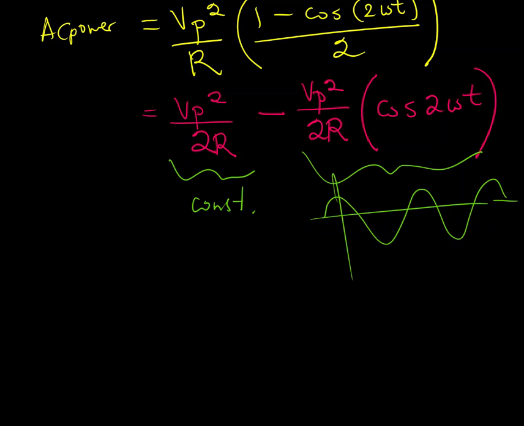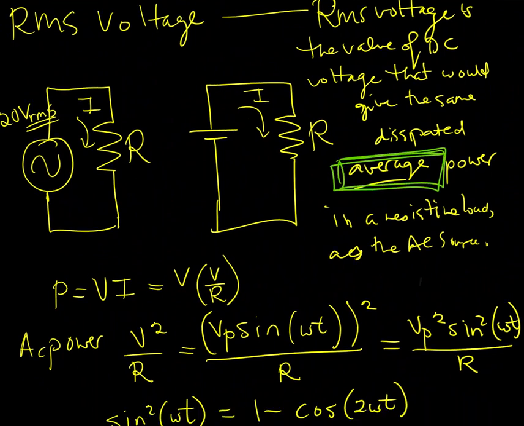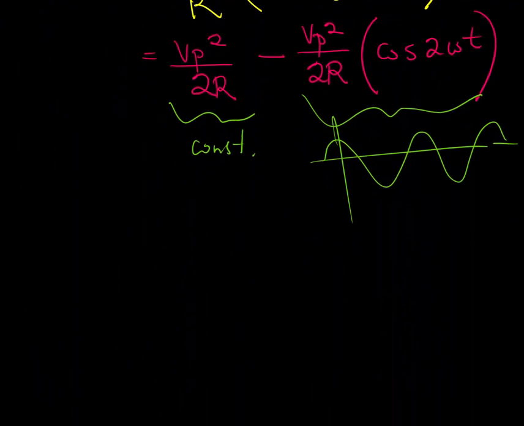And up at the top here, we said that it was average dissipated power that would be the same. So when we look at this AC power through that resistor, we've got a constant term and then a cosine term. The average of a cosine wave is 0 because the positive points are going to cancel out the negative points, and because the area of them is equal, you're not going to have this term when you average it.